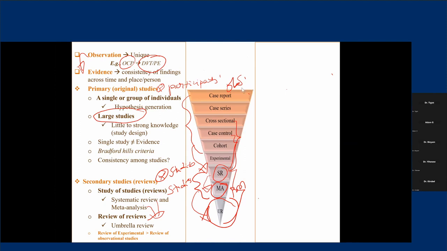the most important thing that we all forget is that clinicians are at the heart of this evidence generation process, because as we said, every research starts with an observation, which is unique, and it's us clinicians who treat patients on a daily basis, and these are the people who can discover these unique circumstances.